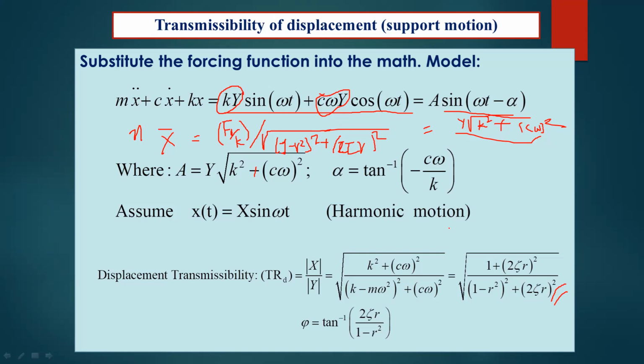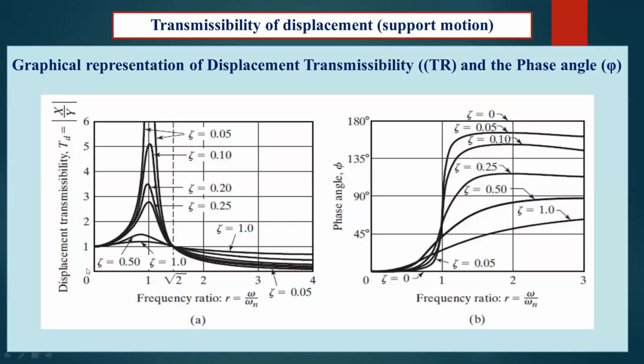This is how the displacement transmissibility works: this is the transmissibility X over Y and this is the frequency ratio. Frequency ratio 1 is the maximum amplitude resonance condition. Then at radical 2, this is the point where, at any zeta, it is the same. Zeta is 1 in the critical damping condition.